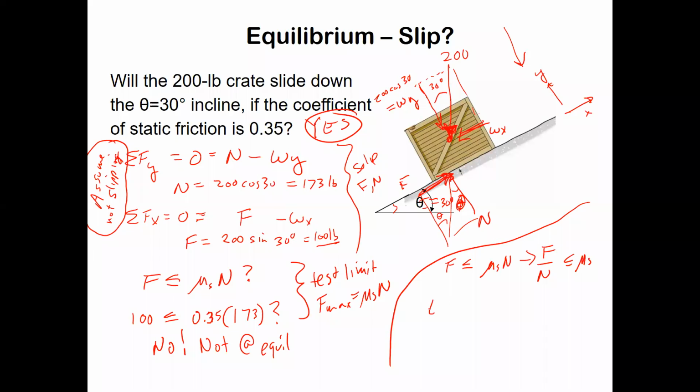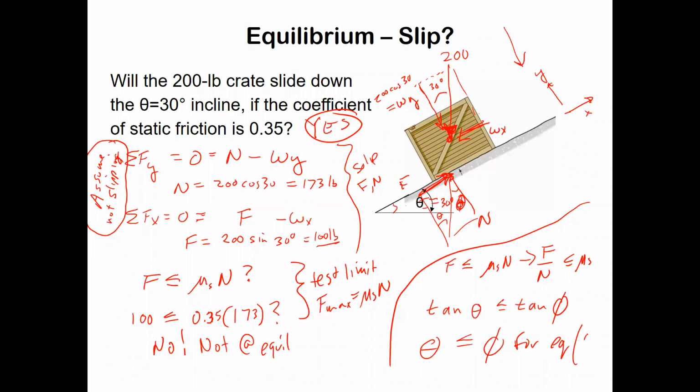And the tangent of that angle has to be less than or equal to the tangent of phi. That means theta has to be less than or equal to phi S for equilibrium. That's the one we actually did in this other thing.